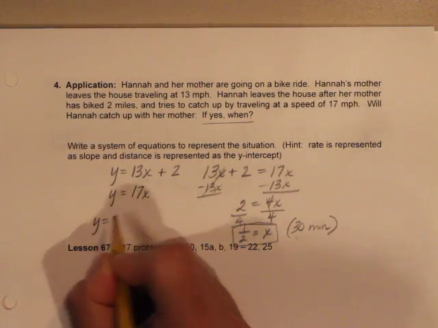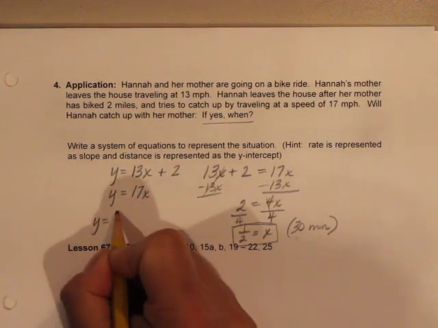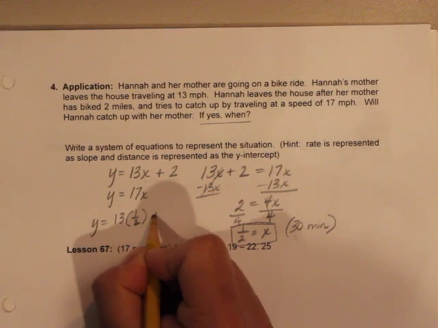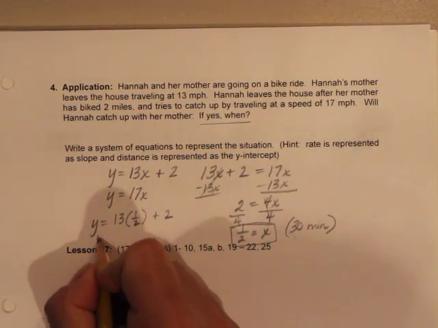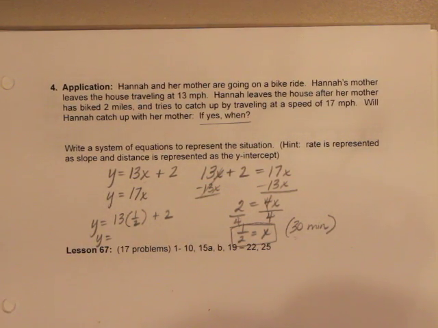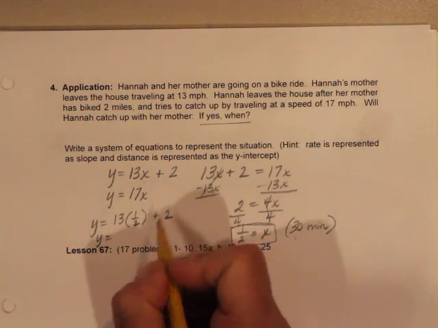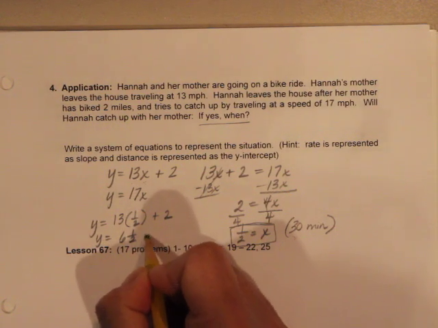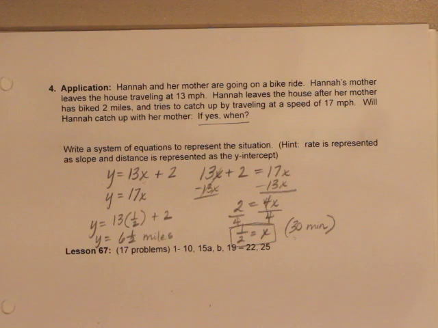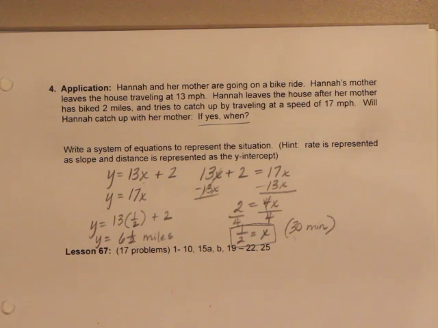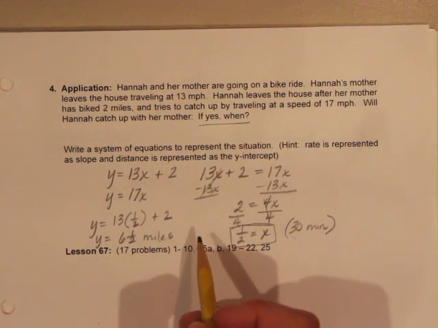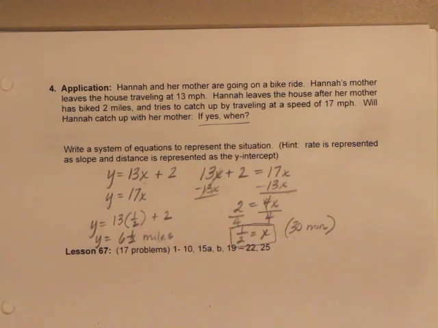If we put it back into that original equation, 13 times 1/2 plus 2, then we would know that Hannah is going to catch her mother here at 6.5 miles. Just check that, make sure. 6.5 miles is when she will catch her mom.